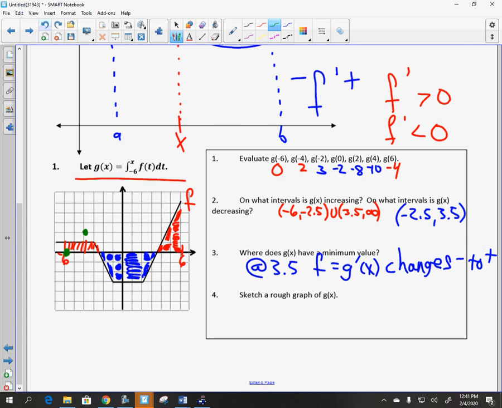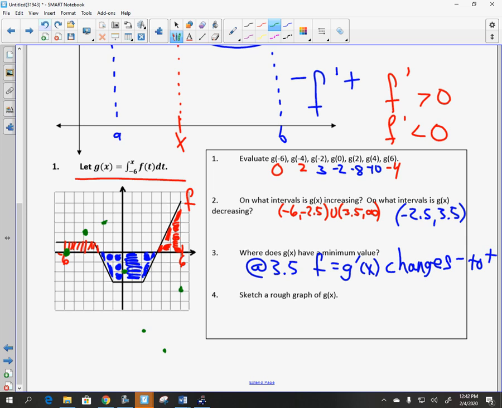G of negative 2 is 3. G of 0 is negative 10. I'm sorry, G of 2 is negative 8. G of 4 is negative 10. And G of 6 is negative 4.